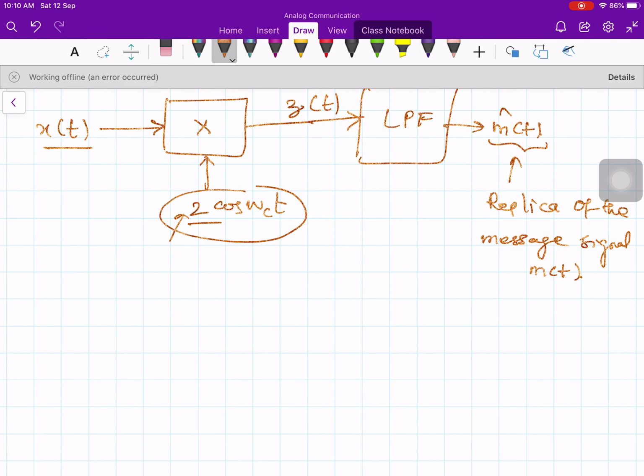So mathematically speaking, z of t is equal to the received signal multiplied by 2 times cos of omega c t.